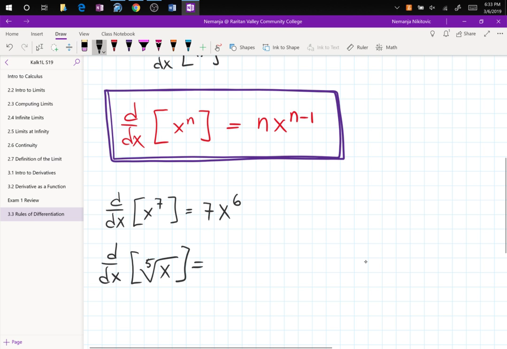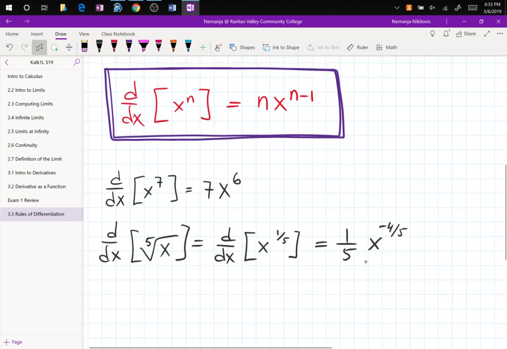Same formula does it. Why? Excellent. You can use your superior algebra knowledge to write this as x to the exponent of 1/5. Now your n is 1/5. Plug that everywhere and get your 1/5 x to the negative 4/5. You are just subtracting 1.